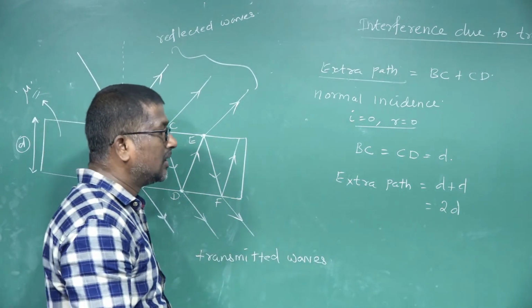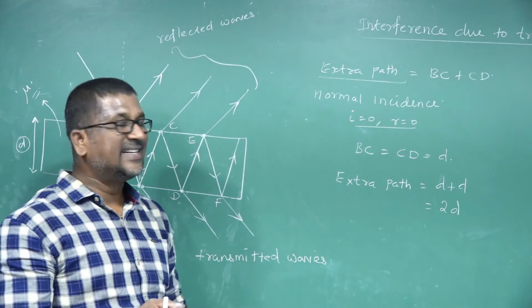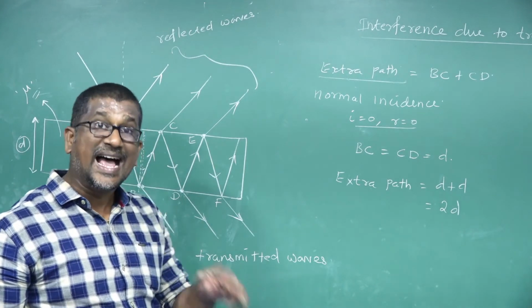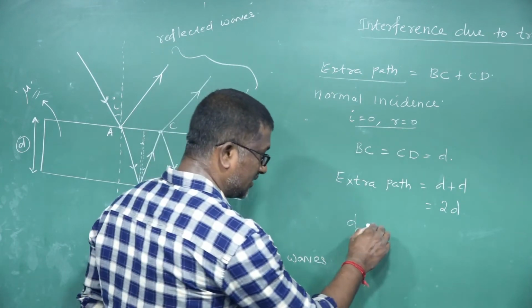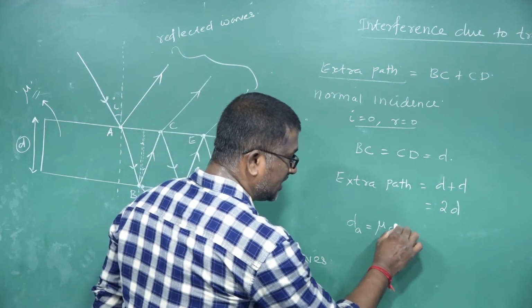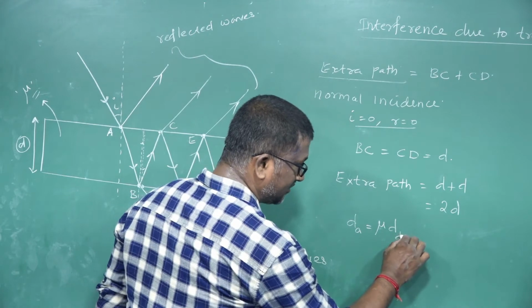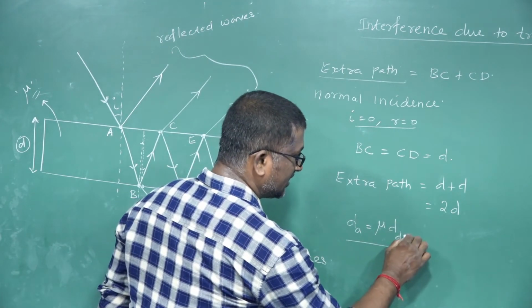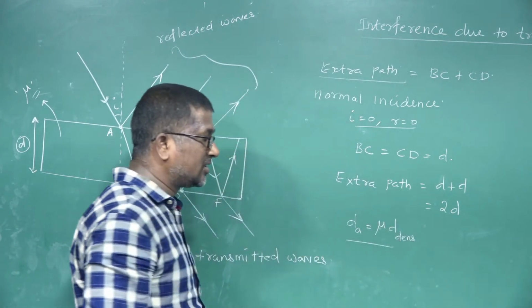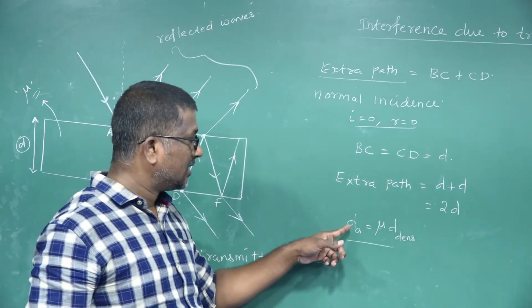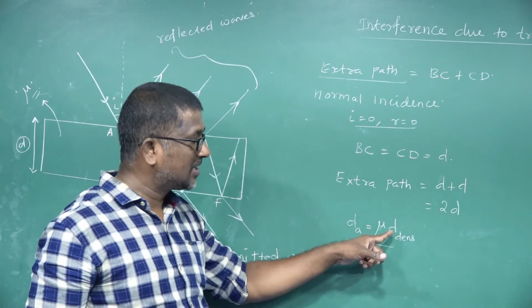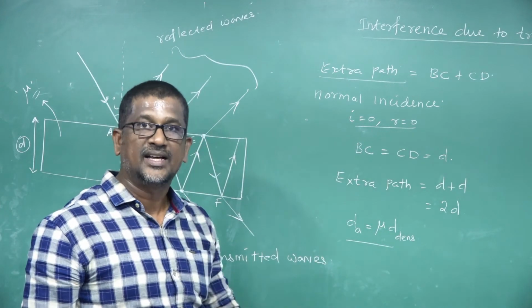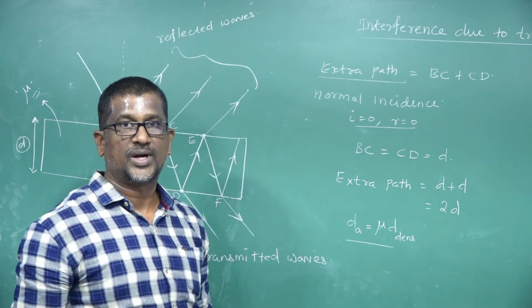We know that the distance travelled by the light in air medium is equal to mu times the distance travelled by the light in the denser medium for a given time.